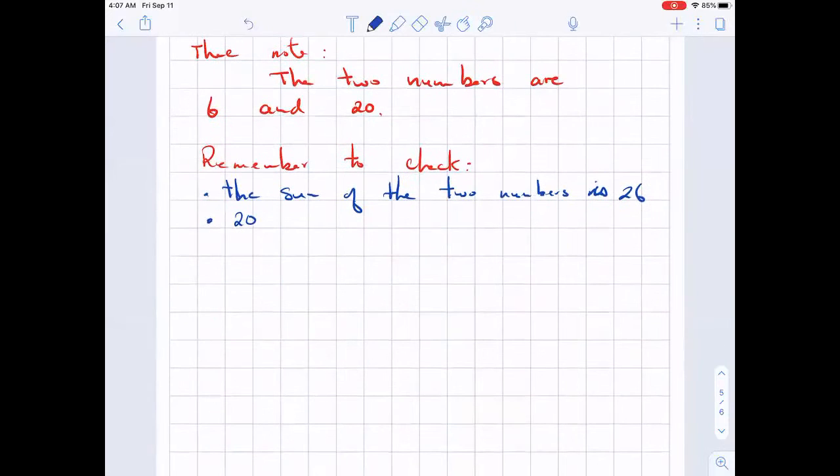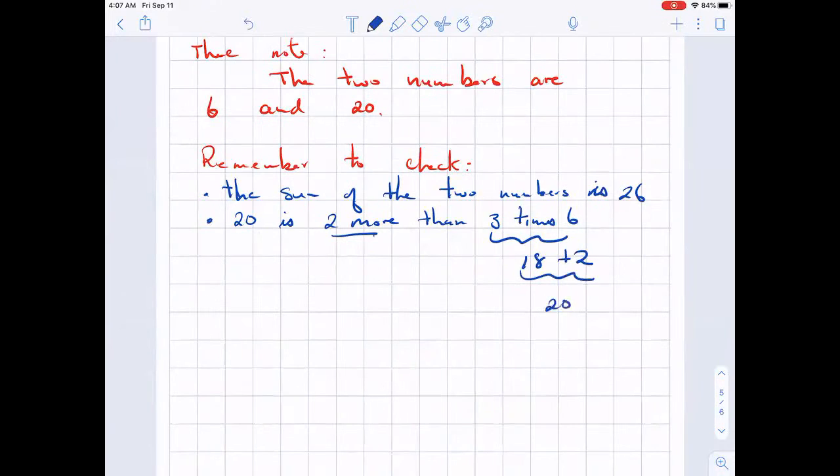So 20 is 2 more than 3 times 6. Because 3 times 6 is 18. 2 more means plus 2. So 18 plus 2 is 20. So our answers have checked.